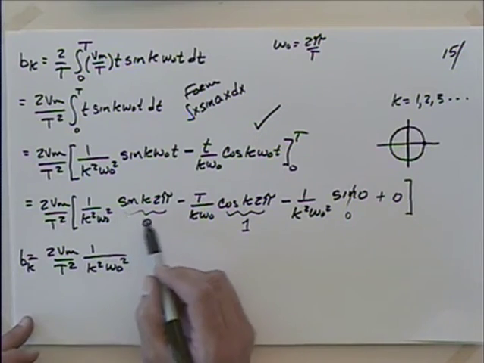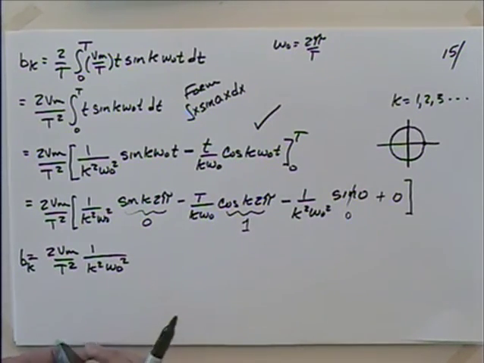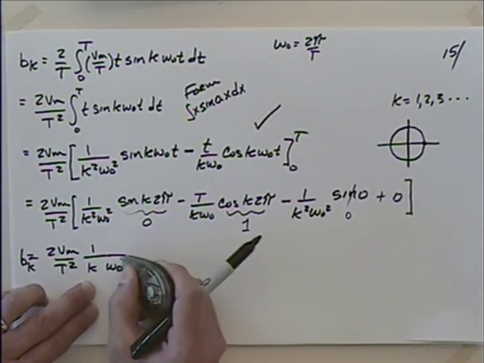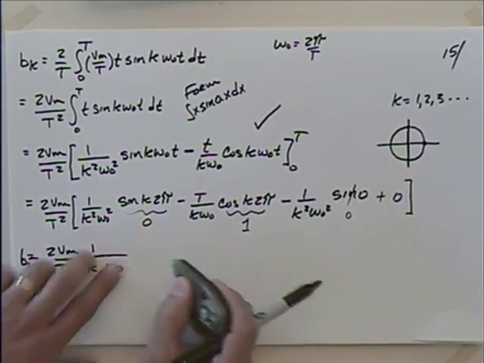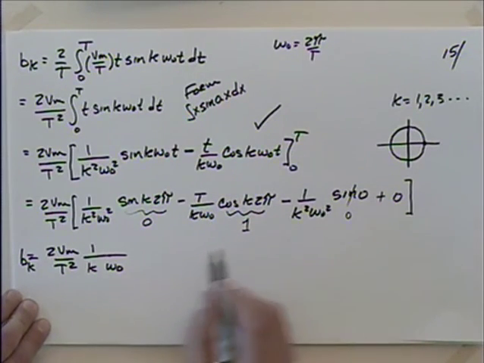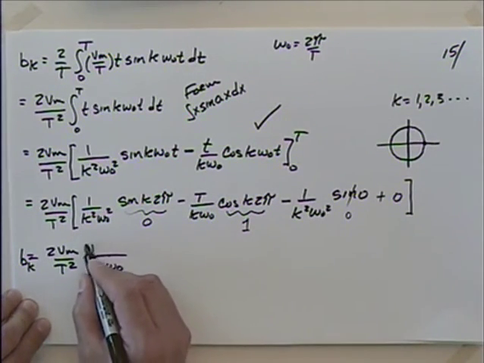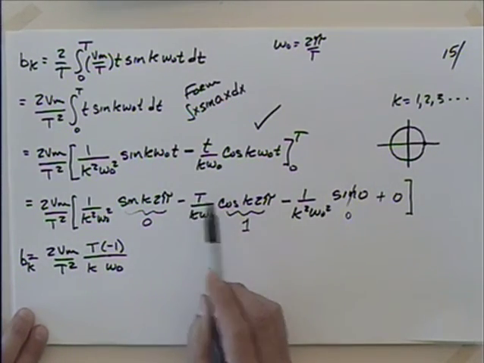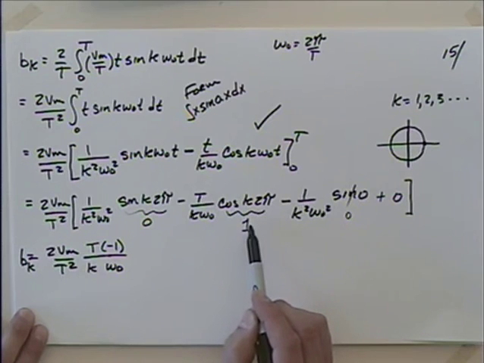This goes to 0. This is the only term that I'm going to have. Okay. And I better have a minus, I'll have a T in there and a minus 1 for that negative sign, right? Do I have everything now? Yes.